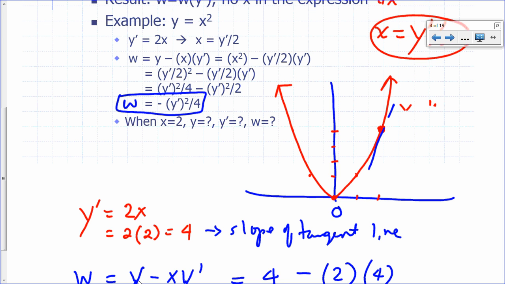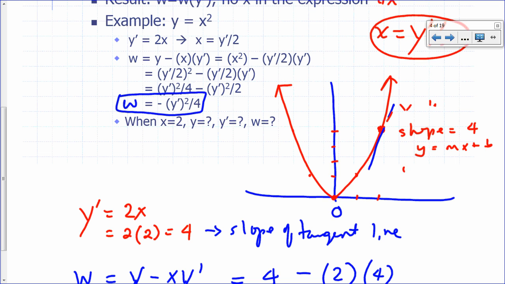What's the equation of this tangent line? The slope is what? It's 4, right? So what can we say then? For this tangent line, the y value would be what? mx plus b, right?